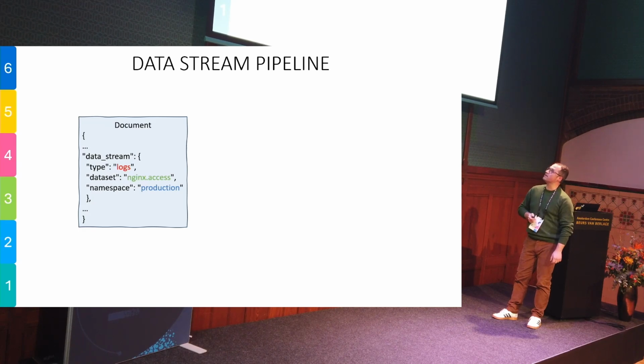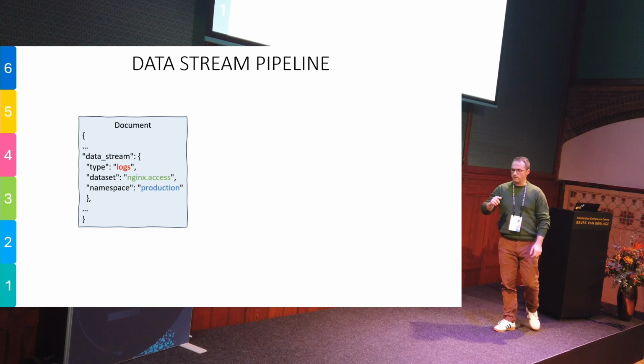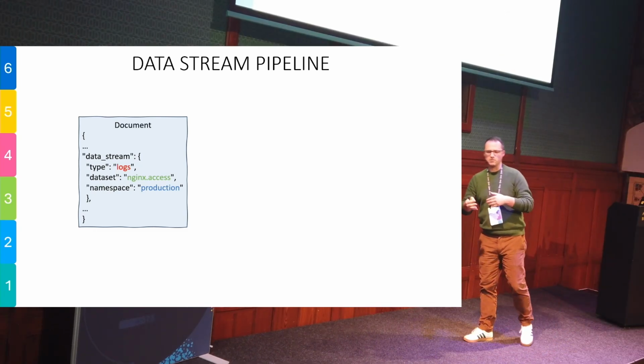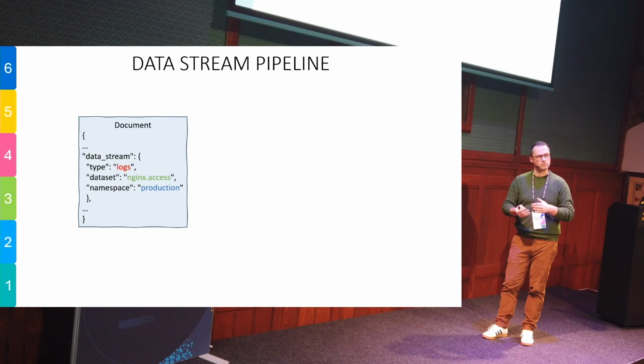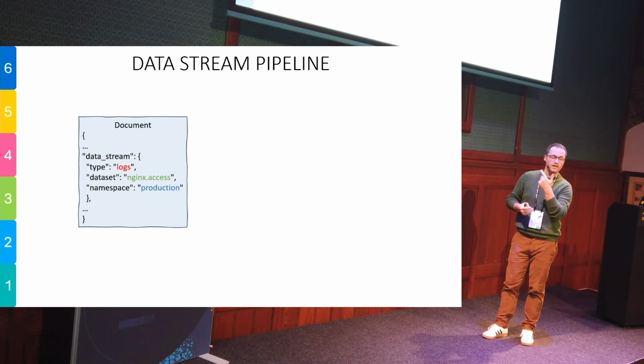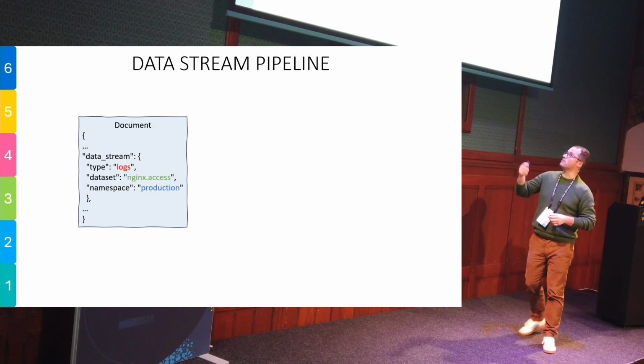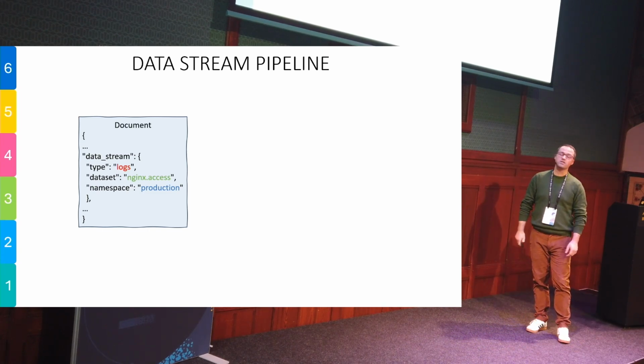This is an example of a data stream. I put it in colors because the thing with data streams is, like I said, we categorize them in the beginning. So the document comes into the agent. These fields get added depending on the integration which picks the logging up. So in this case, it's the Nginx integration and the access dataset.